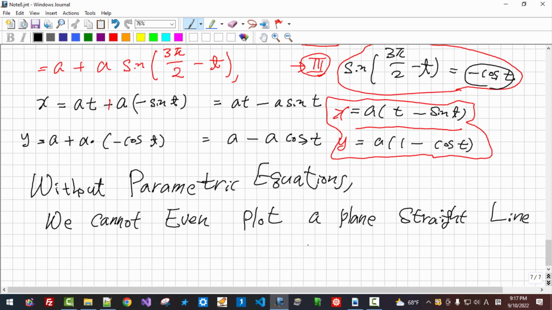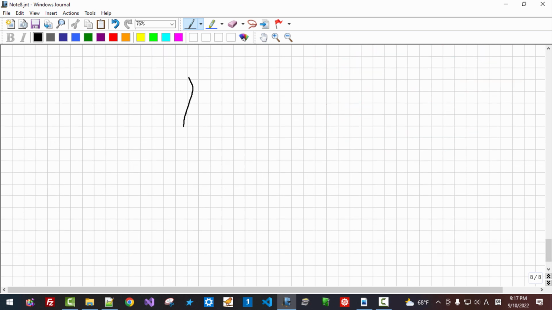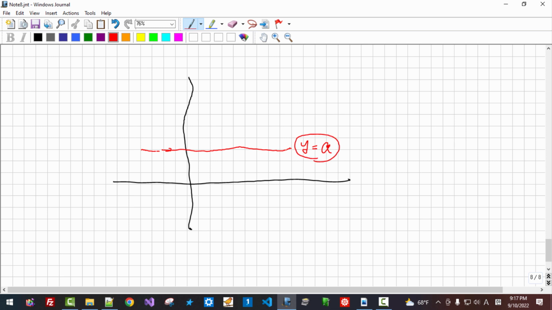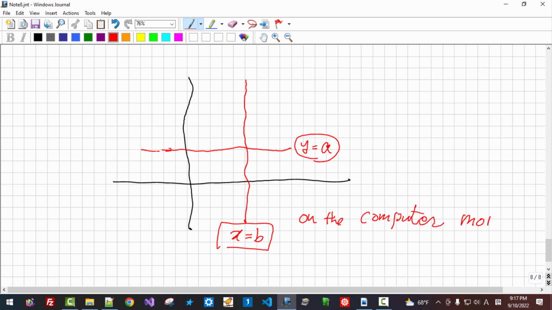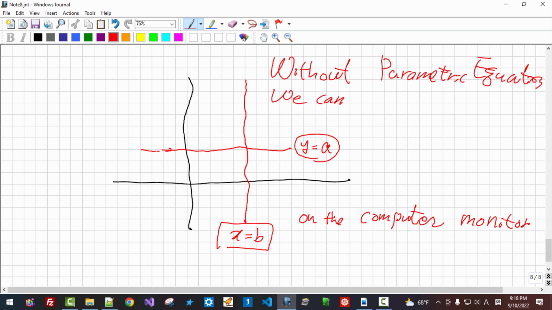For example, without parametric equations, we cannot draw y equals a or x equals b on the computer monitor. Without parametric equations, we cannot even draw a straight line.